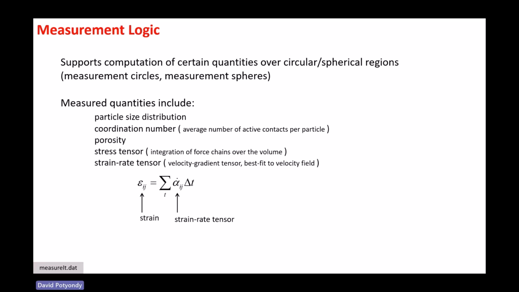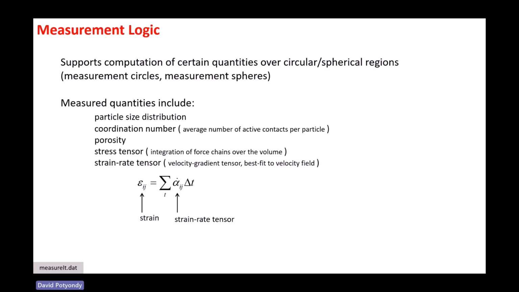And if we take that strain rate tensor, which we get from the measurement logic, and if we keep on multiplying it by the time step delta t and summing, what we actually get then is the strain, the thing that we're used to, the continuum quantity called strain. And so we're going to use this logic, for example, if we want to do a triaxial test.